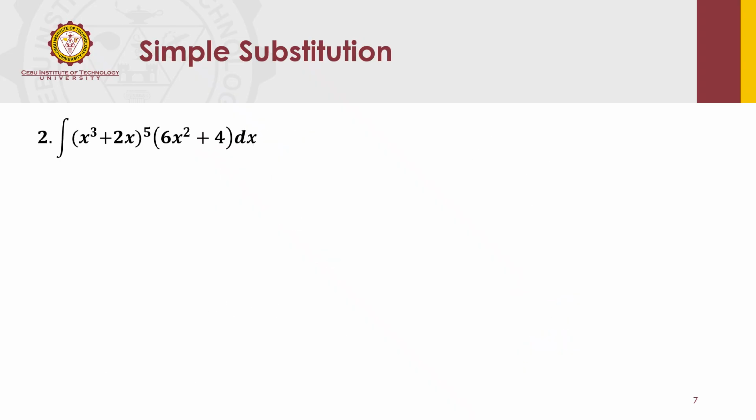So another example for simple substitution is this. Similar to the first example, we have a polynomial raised to a power of n, where n here is 5. And then you're multiplying this by another function.